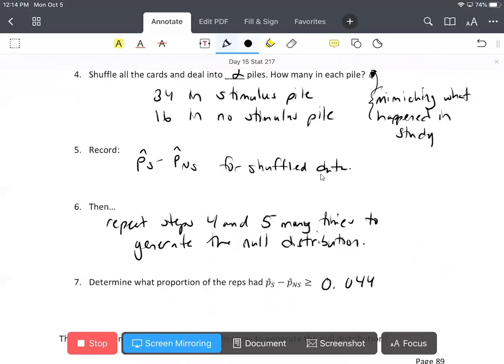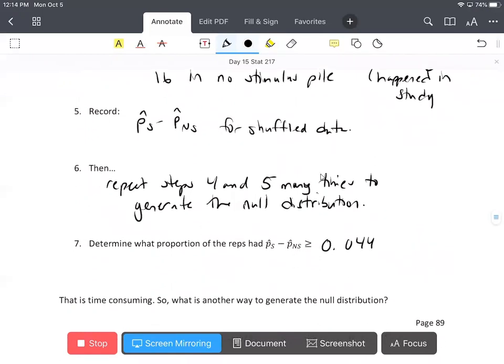In the end, we want to determine what proportion of the repetitions had p hat sub s minus p hat sub ns greater than or equal to 0.44, because that comes from what happened in the study. And we want to see how unusual this number is compared to the null distribution.